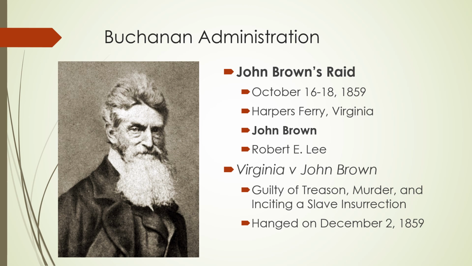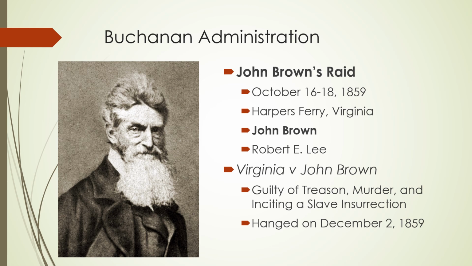And if you don't know who Robert E. Lee is, he's going to be very important when we get to the next section, which will be about the American Civil War. But Brown is captured, his followers are captured, and then we have a case, Virginia v. John Brown, where he is tried for treason, murder, and inciting a slave insurrection. He is found guilty of all charges and hanged on December 2nd, 1859.